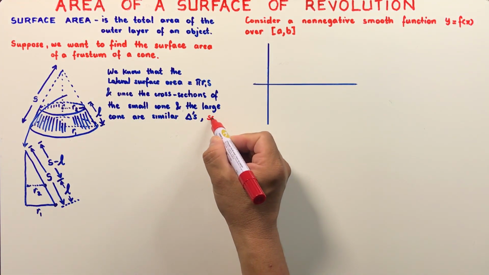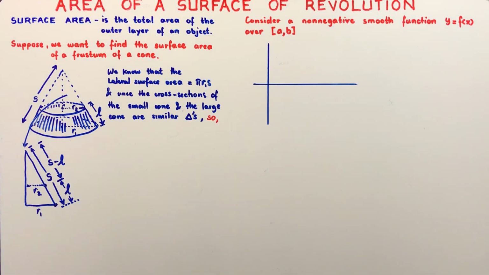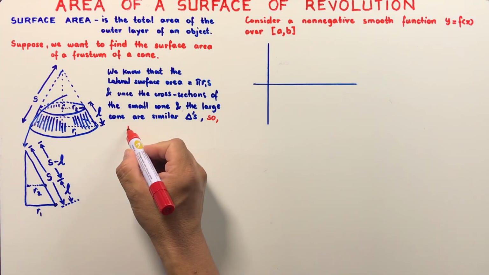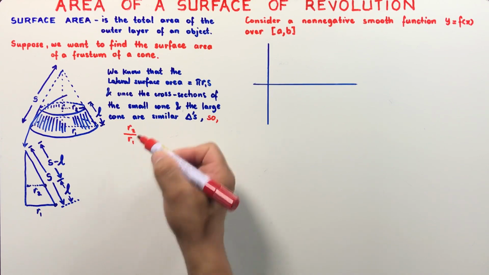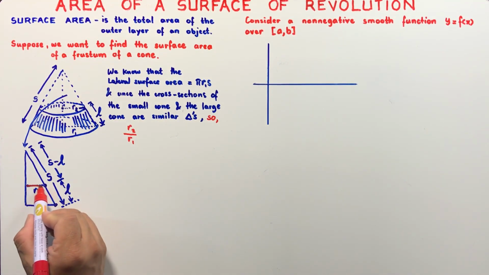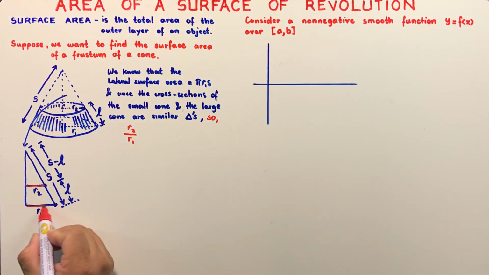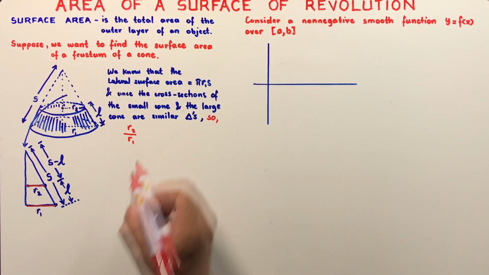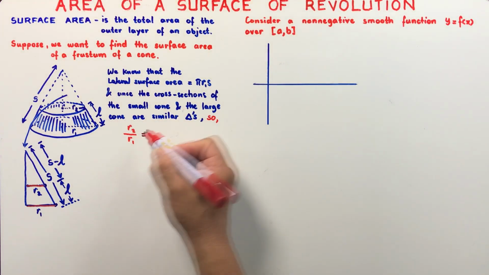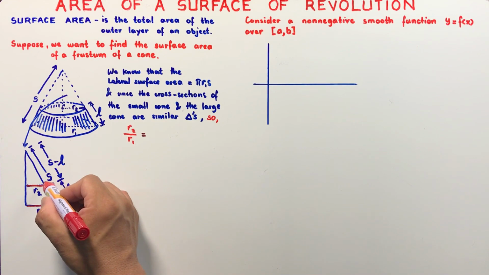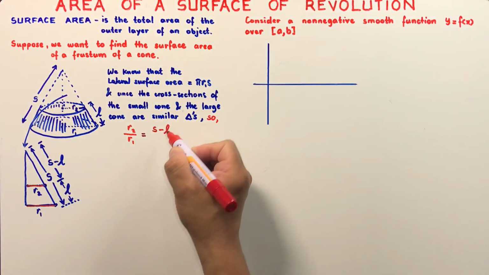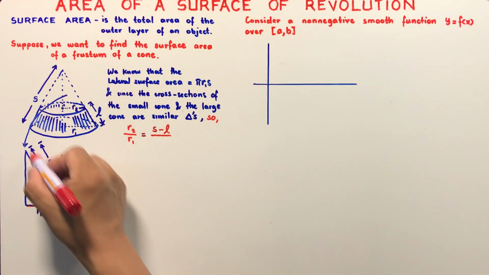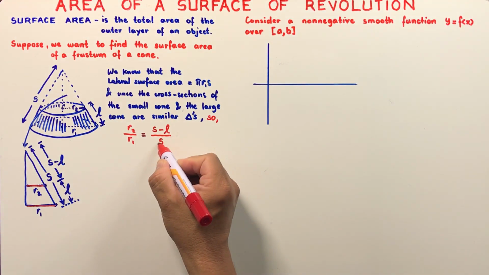So we can make a proportion here: the ratio of the smaller side to the larger side, r sub 2 divided by r sub 1, is equal to the quotient of the smaller hypotenuse, which is s minus L, divided by the whole hypotenuse, which is s.